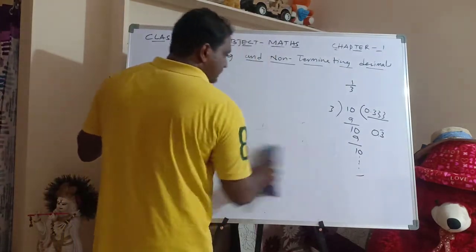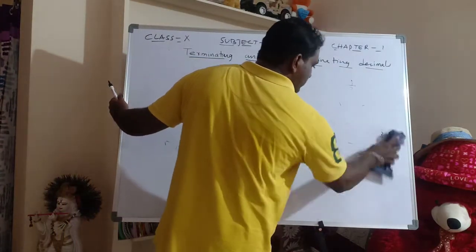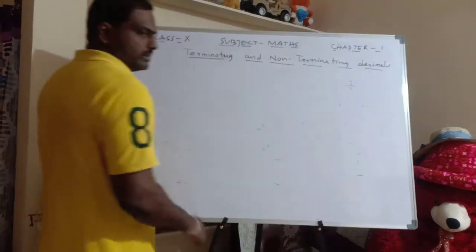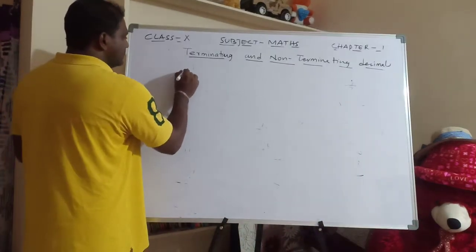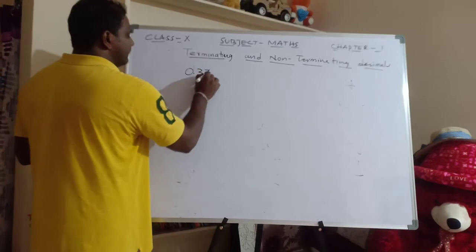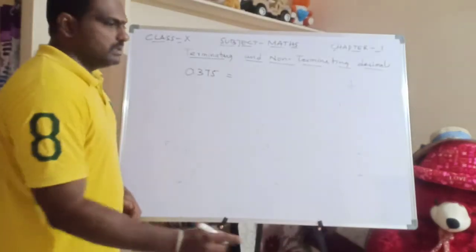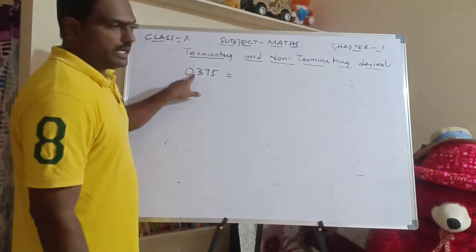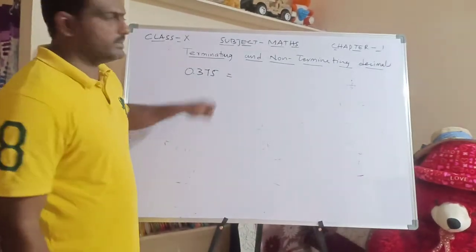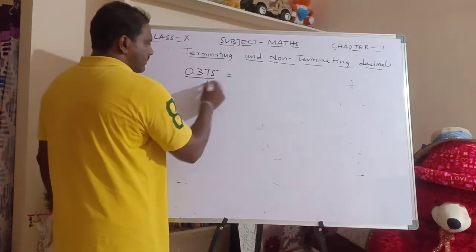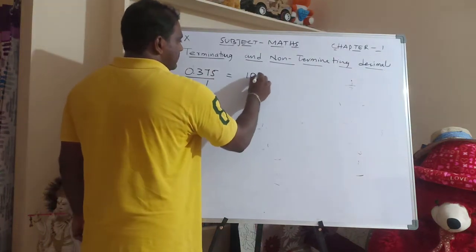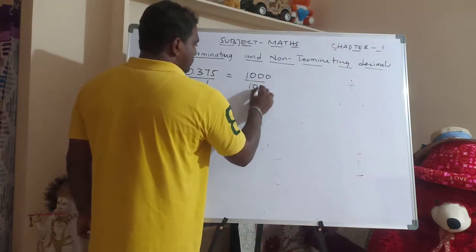First I'll give the decimal and you have to write it in the form of p by q. Look at this: 0.375. How to write it in p by q form? It's very simple. After 0 we have 3 decimal places. That means, with 1 as the denominator, we multiply and divide by 1000.